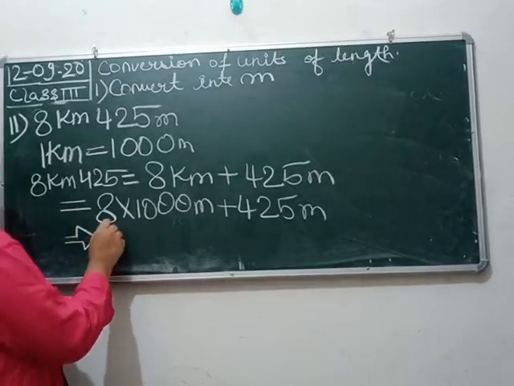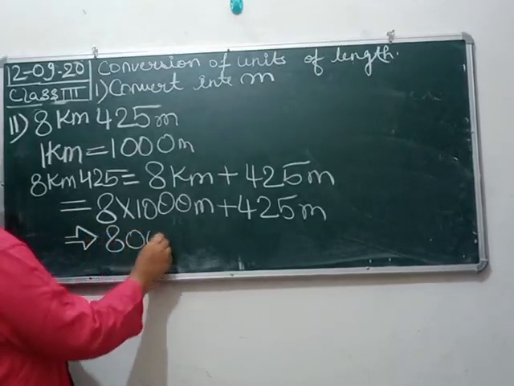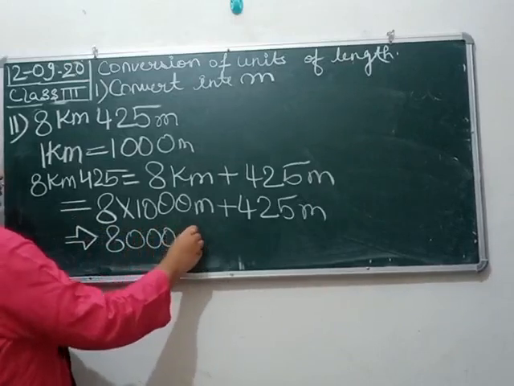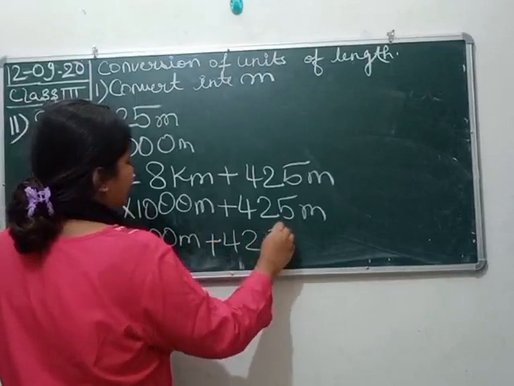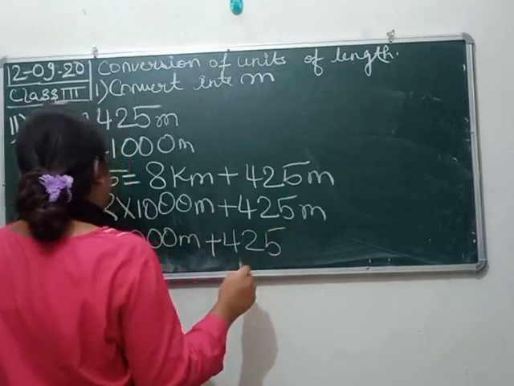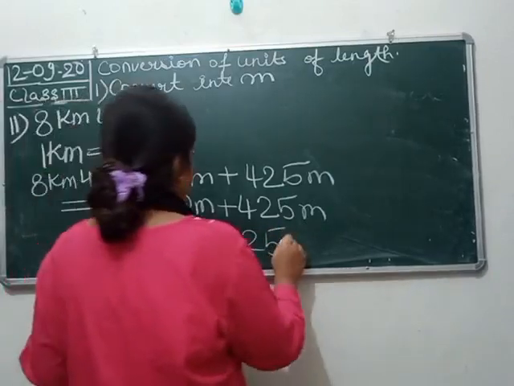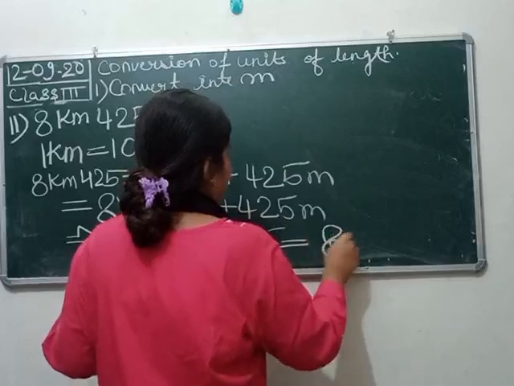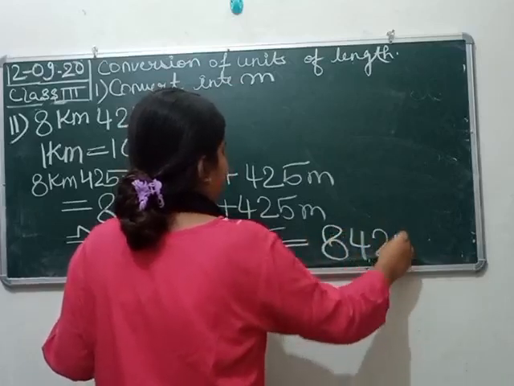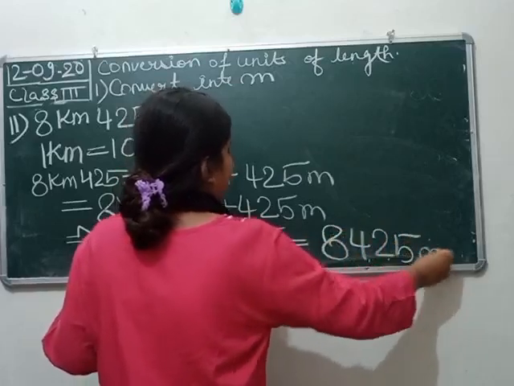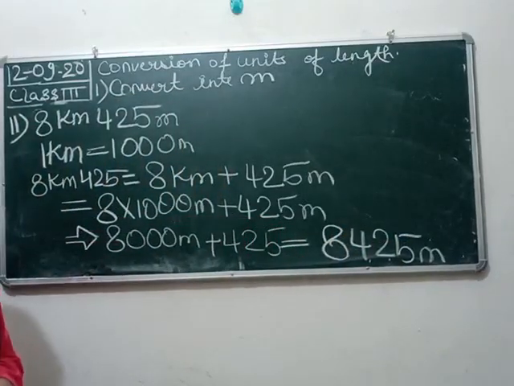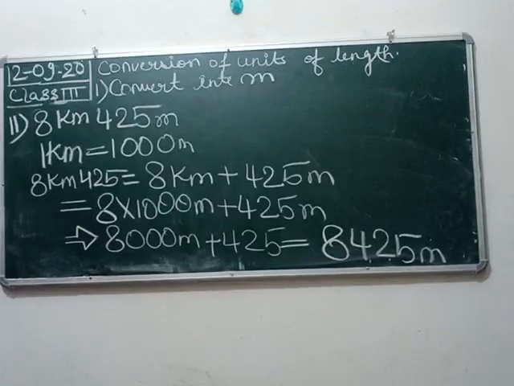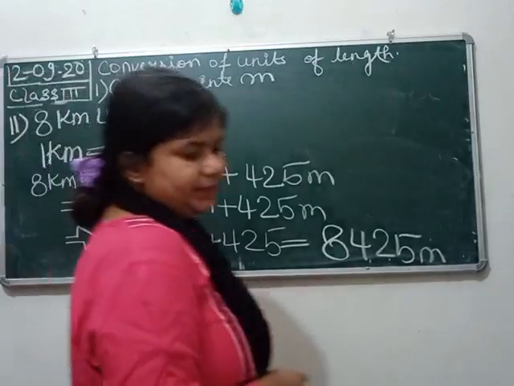Now 8000 meter plus 425 meter, and we will get our answer as 8425 meter. This is our answer for this question. Okay. Complete this.